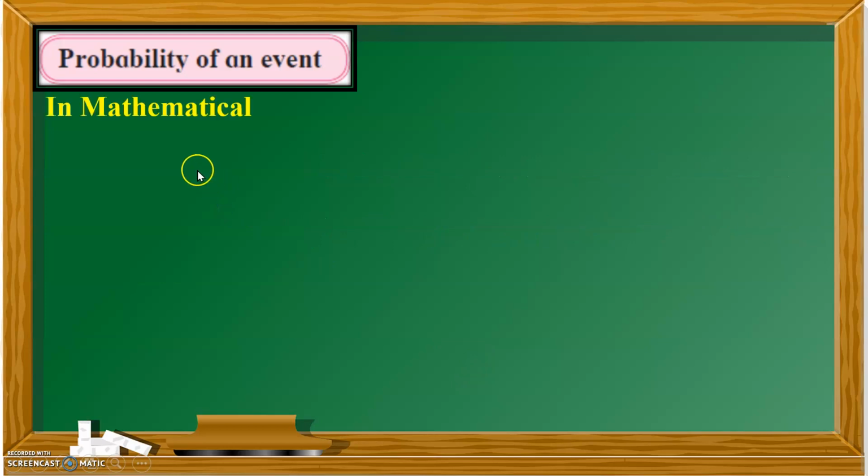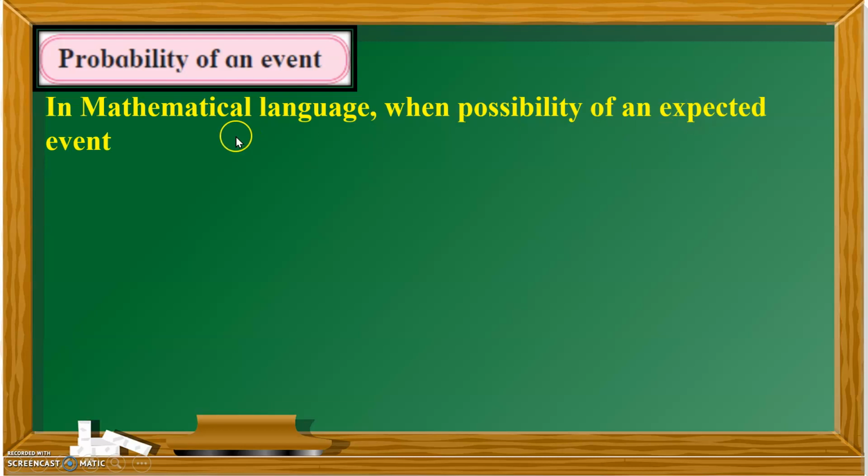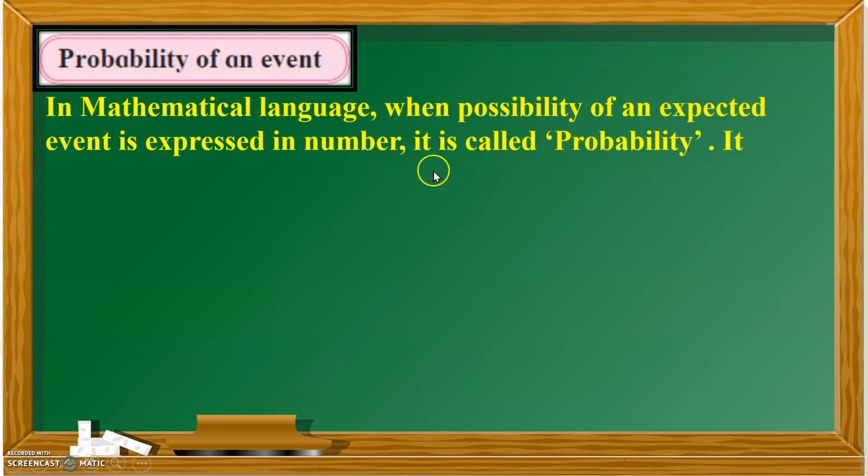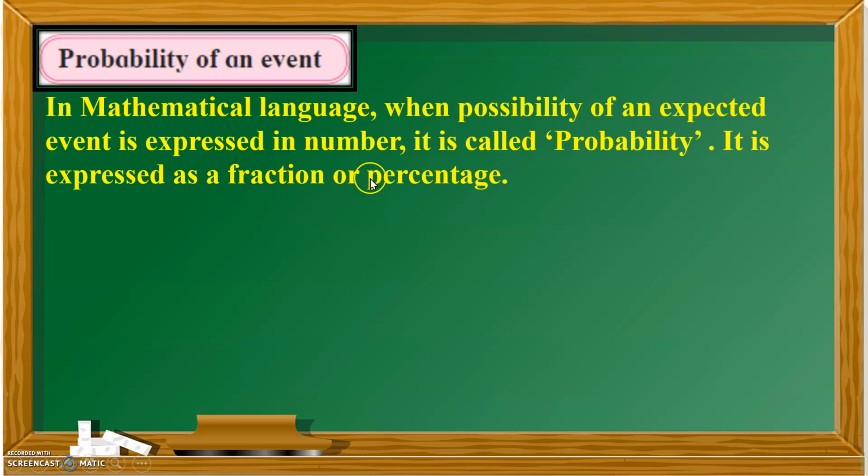So in mathematical language, when possibility of an expected event is expressed in number, it is called probability. It is usually expressed in a form of a fraction or percentage.